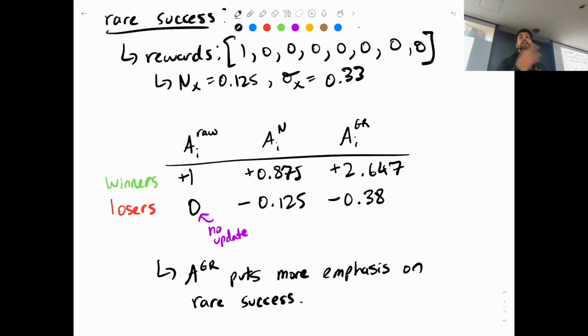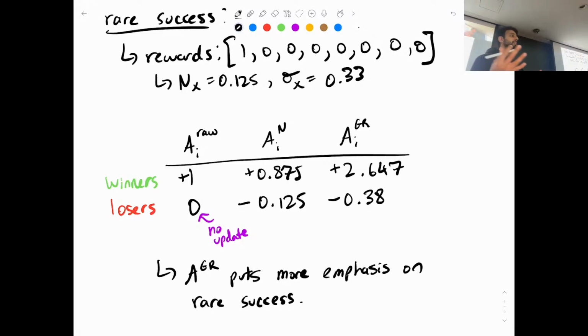Now, if none of the examples in the batch were successful, so all of them were zeros, we have no update for this batch, right? We just didn't have any positive examples. The numerator in the advantage will be 0, and we don't do any update. Similarly, if all of the samples in the batch are correct, we also have no update, right?